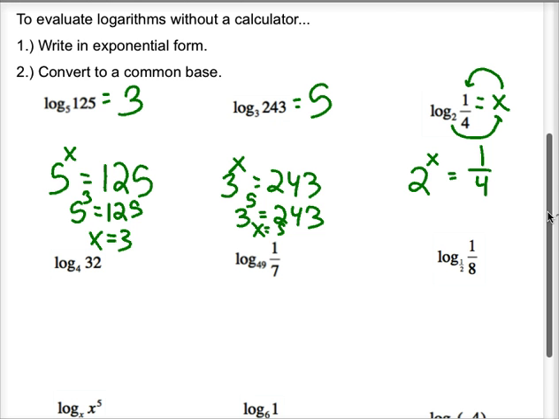So what I'm going to do is I'm going to think of this 1/4 as 2 to the negative 2, because 2 squared gives me 4. But if I want that 4 in the denominator, I need a negative exponent to move it to the denominator. Okay? So when you have fractions, you have to start being careful, okay?